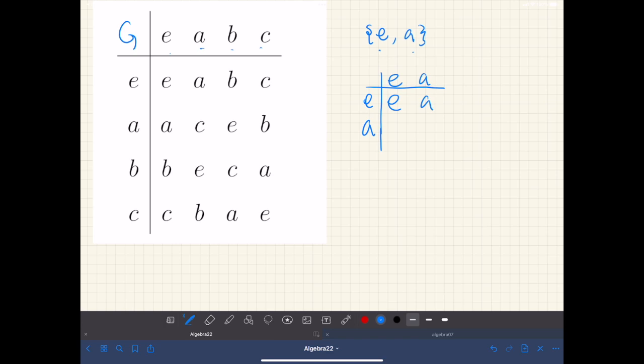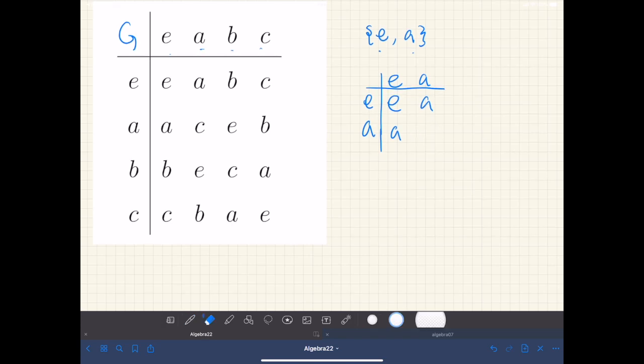So this is A, and this must be E. But if you look at this table, A times A is C. So this subset is not closed under multiplication, so we need to add another element, C, at least.